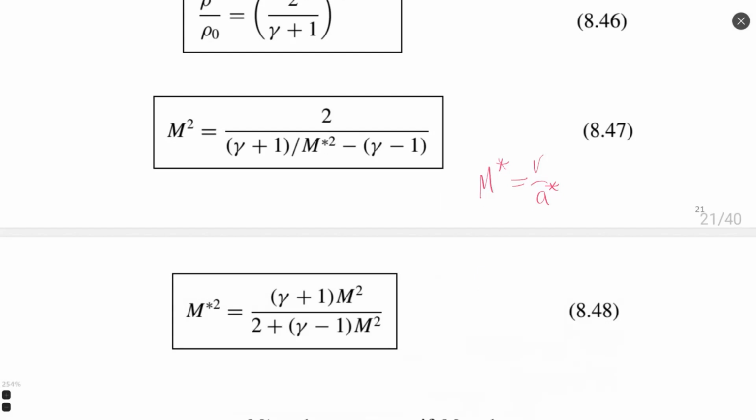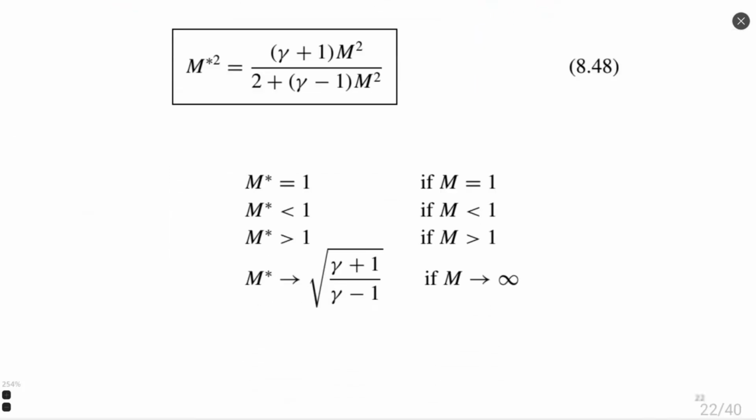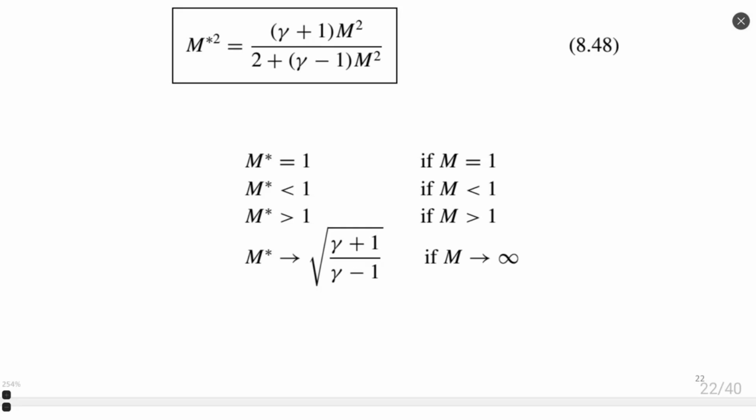And also the reverse transformation is possible, when we have the ordinary Mach number M equal to V divided by a, and we would like to transfer to the characteristic Mach number M asterisk. It can be done using this relation, which is the analytical solution of equation 47. And as the final point, Anderson gives a relation between characteristic Mach number and real Mach number.